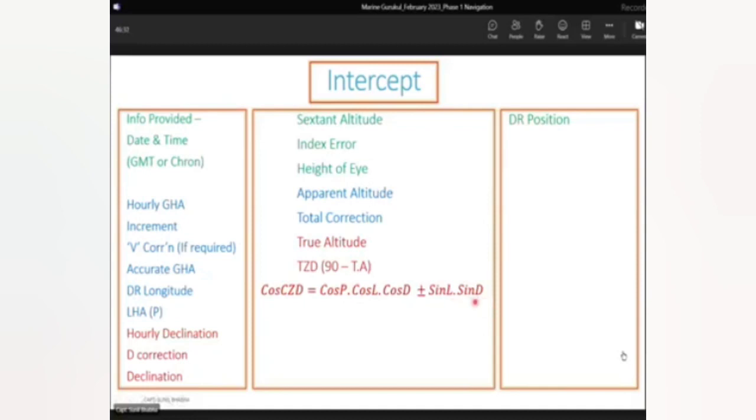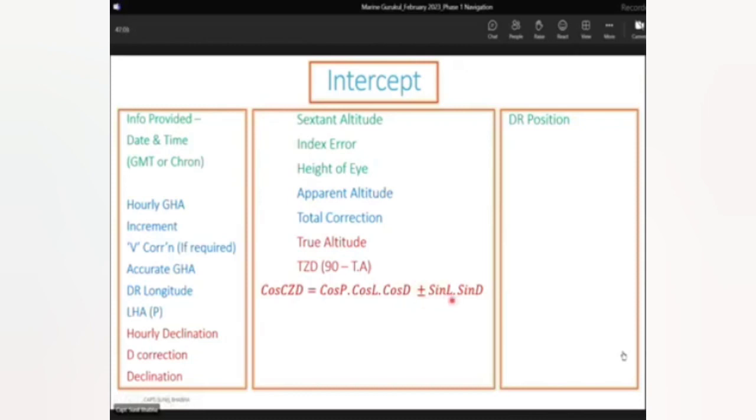So if lat and dec are of the same name, we will be using the upper sign, which in this case is plus. And the lower sign is used when latitude and declination are of the opposite names or different names. So be careful, in the Long by Chron formula the minus sign was on top, and in the intercept formula the plus sign is on top.